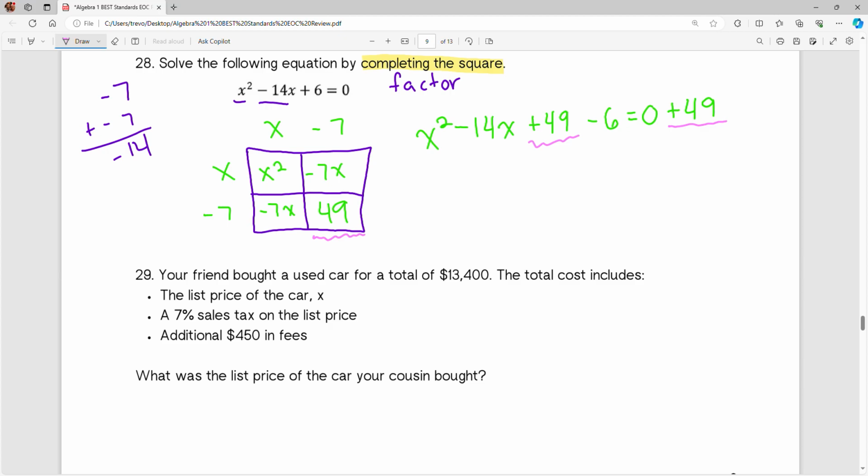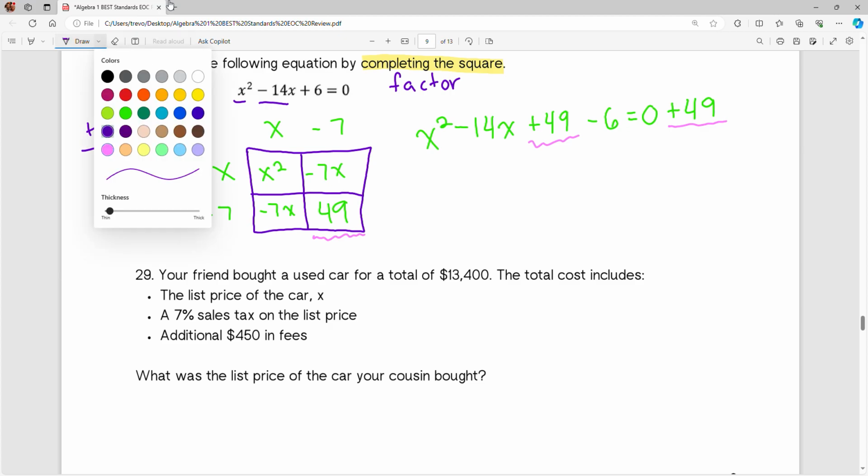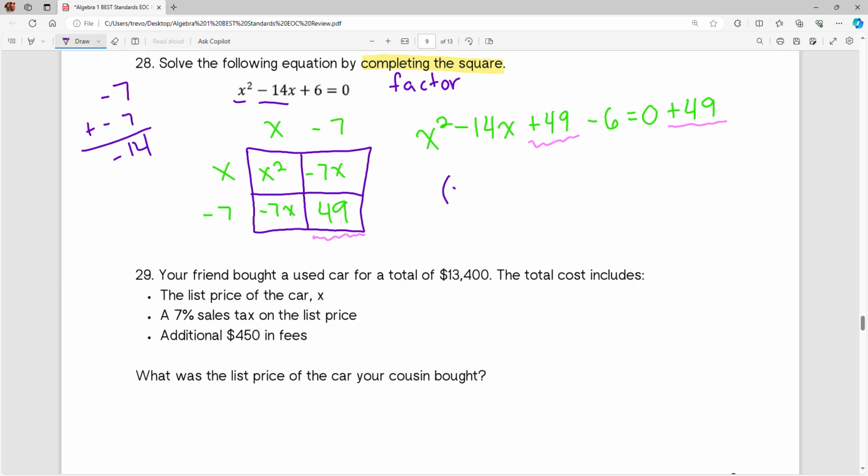And now to finish this off, we've got x minus 7 squared minus 6 equals 49.